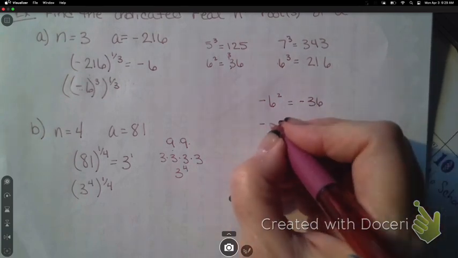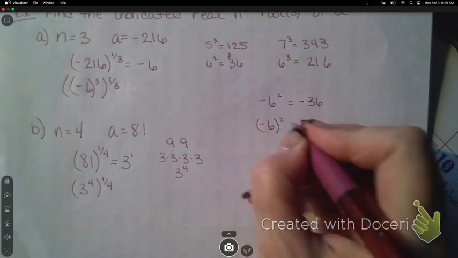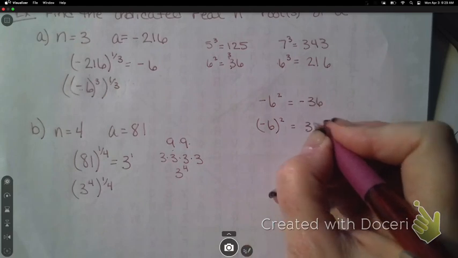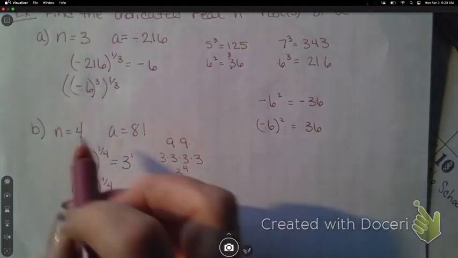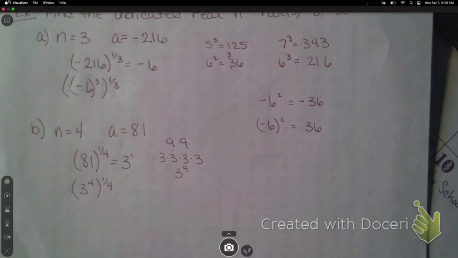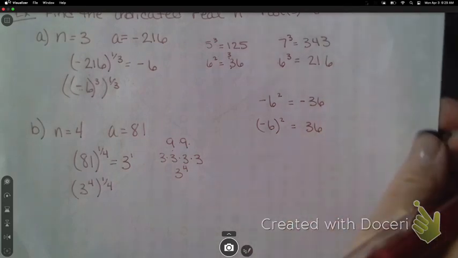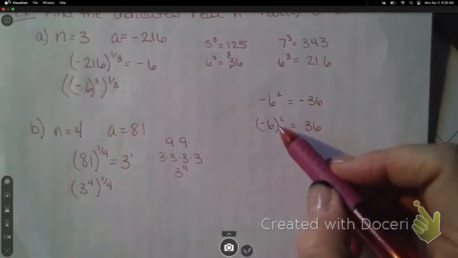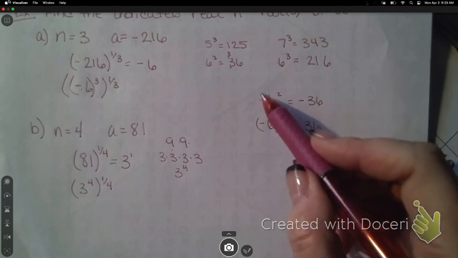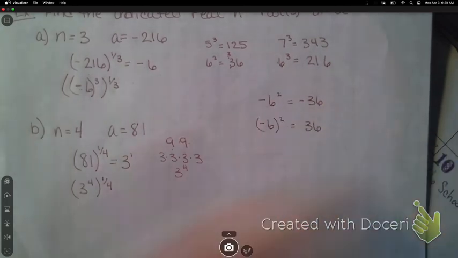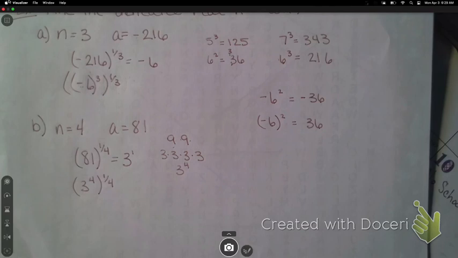If I have negative 6 squared in parentheses, my answer is 36. So when you have a negative, you need to separate that. It makes it easier so you don't mess it up. Anytime there's not parentheses including the negative, it's afterwards. Okay?